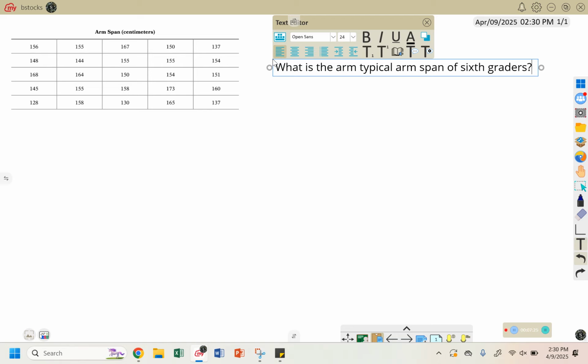Then it also says that we need to include a description of how the data may have been collected. The data may have been collected from a sample of students at one sixth grade school.